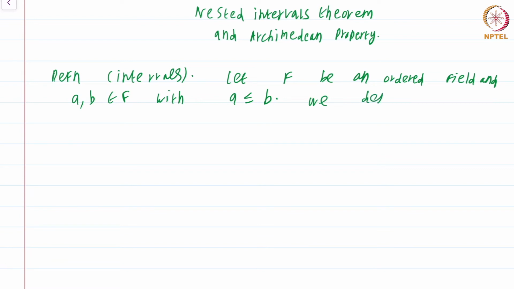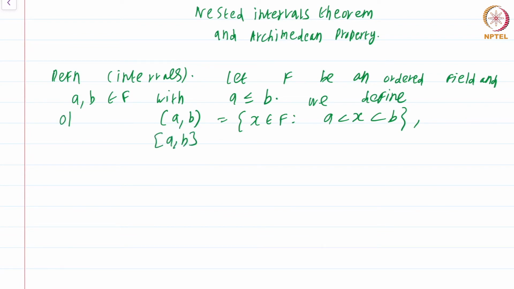We define the following four sets. (a, b) is the set of x in F such that a is less than x less than b. The first one is supposed to be the open interval, and the second one is the closed interval.